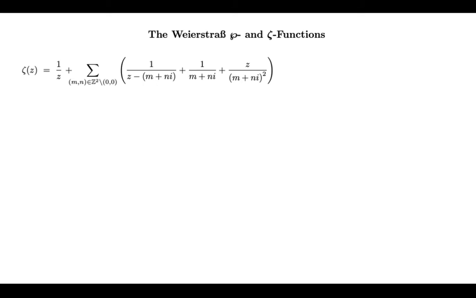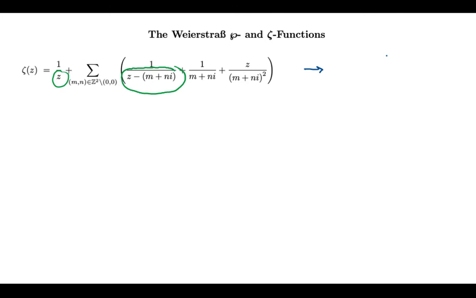The Weierstrass zeta function that you see here almost does the trick. So you can see the definition here. Basically, you're producing a pole at 0 and then at each Gaussian integer, so each complex number with real and imaginary part integers. And the additional terms here are designed in such a way that the infinite sum converges nicely.